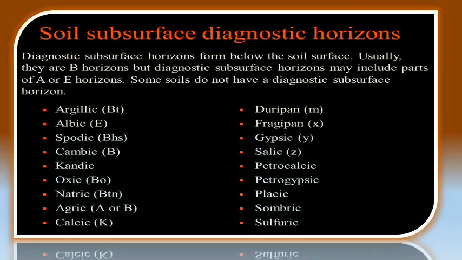Soil subsurface diagnostic horizons form below the soil surface. Usually, they are B horizons, but diagnostic subsurface horizons may include parts of A or E horizons. Some soils do not have a diagnostic subsurface horizon.